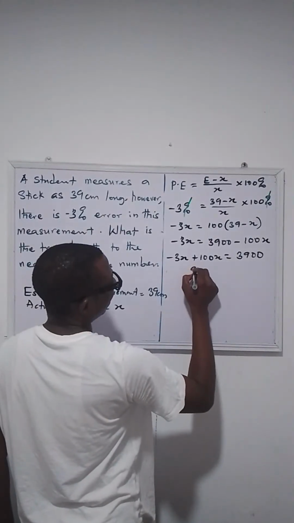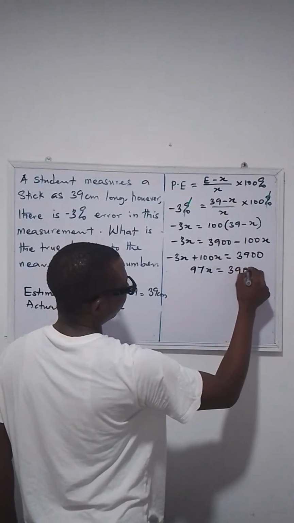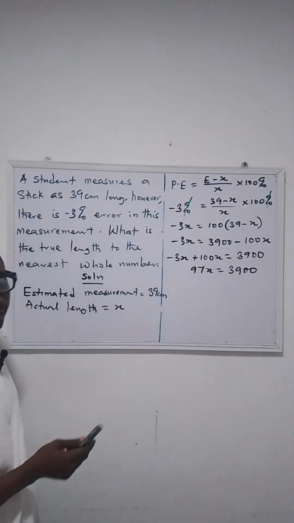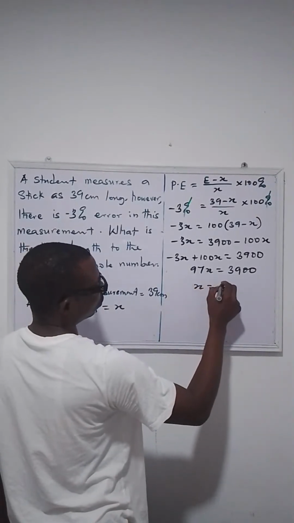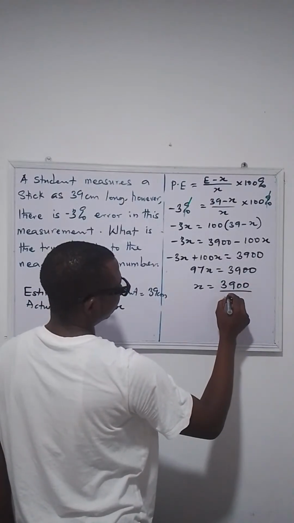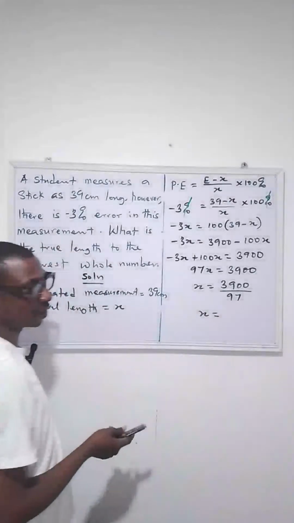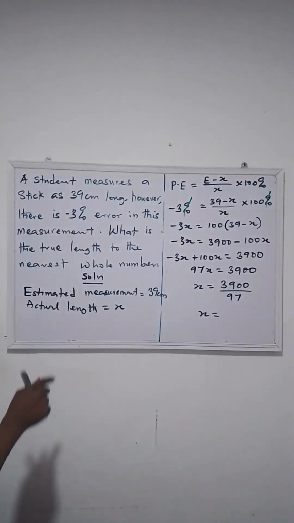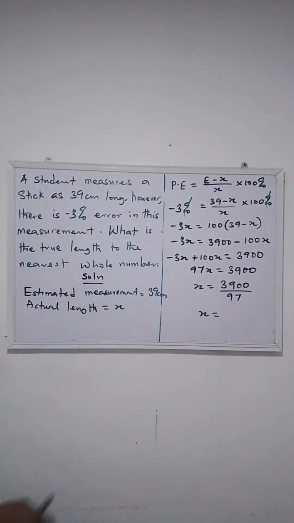So we have 97x equals 3,900. Divide both sides by the coefficient of x, so x equals 3,900 over 97. Don't forget, the question asks you to leave your answer to the nearest whole number.